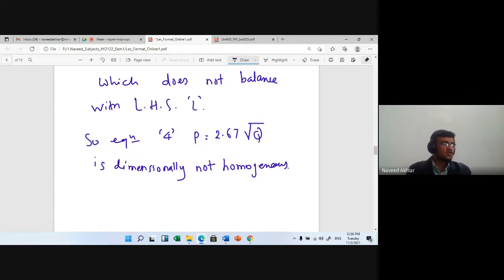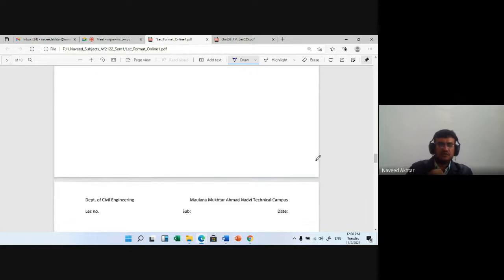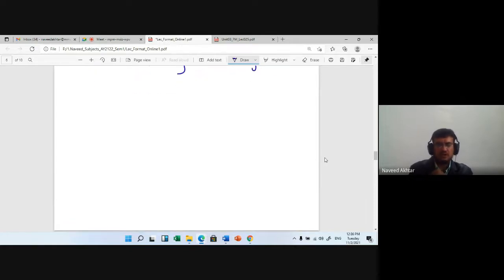So how can you find out the homogeneity? You will see the dimensions of the left-hand side and right-hand side of the equation. I will give you homework.